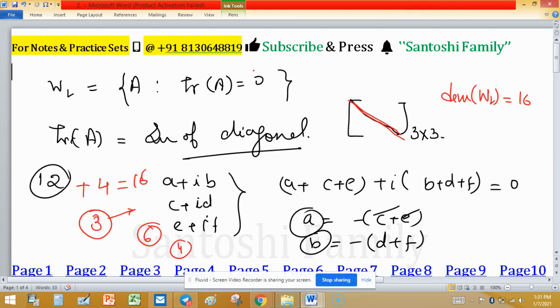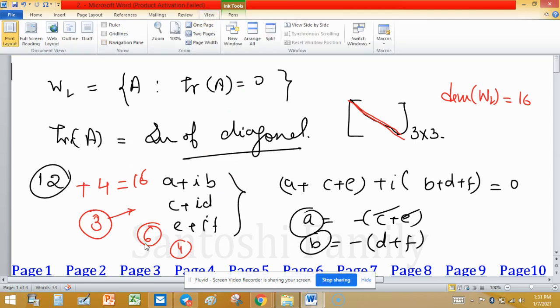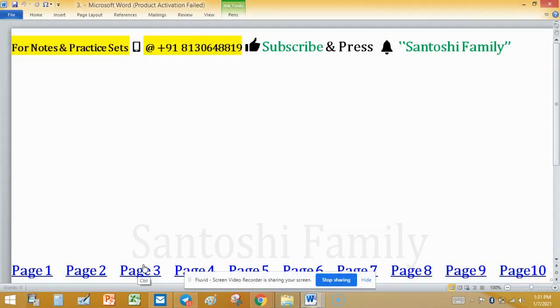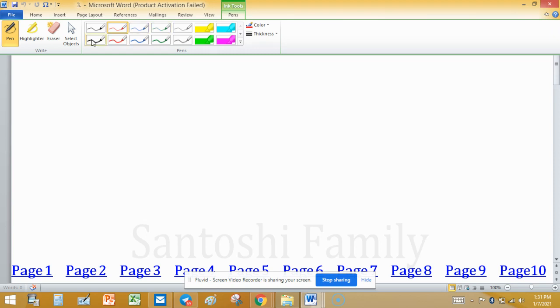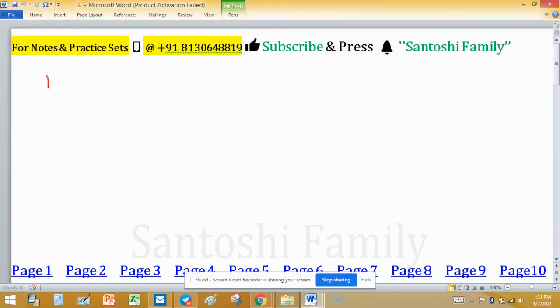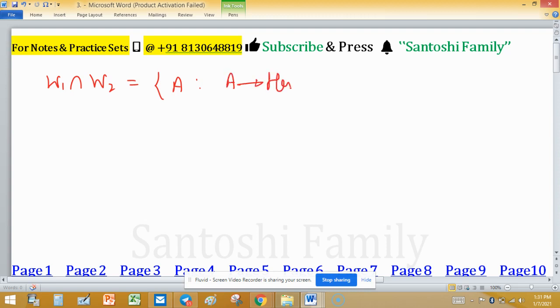Now we will find the dimension of the intersection. To find it, the matrix must satisfy the properties of W1 and W2 together. First check what matrices come in the intersection: all those matrices A such that A is Hermitian and trace of A equals 0. The matrix satisfies these two properties together.